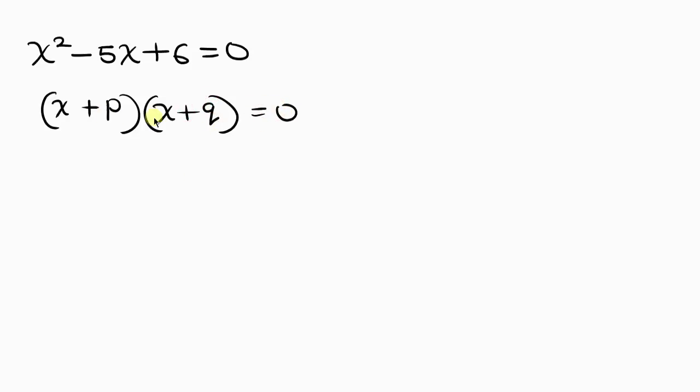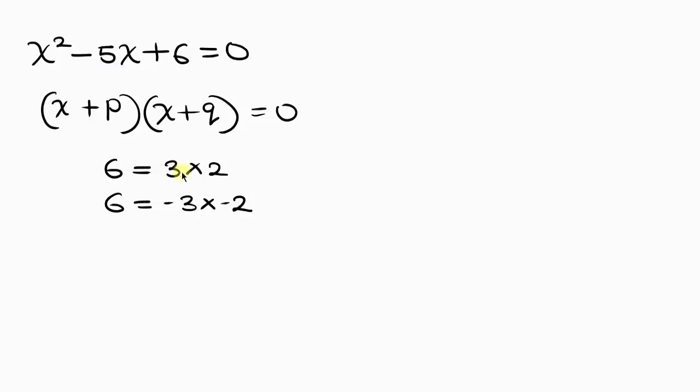So what is P and what is Q? Well, I'll focus on 6. What are the factors of 6? The factors of 6 are 3 times 2, which gives 6. Another factor pair is negative 3 times negative 2, which gives 6. Now, which of these two factors can I add to give negative 5?